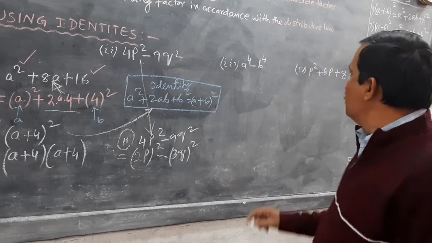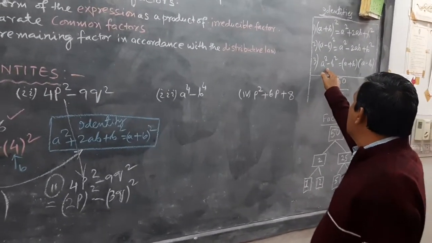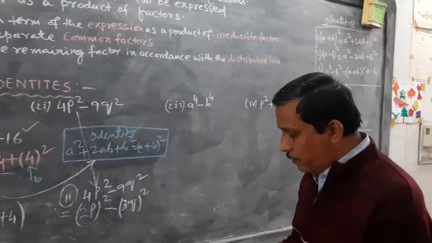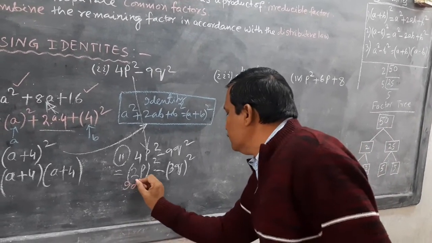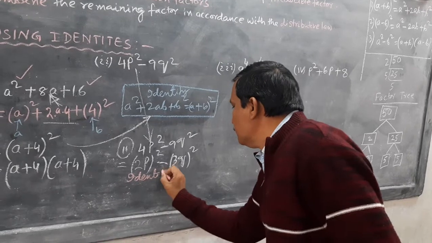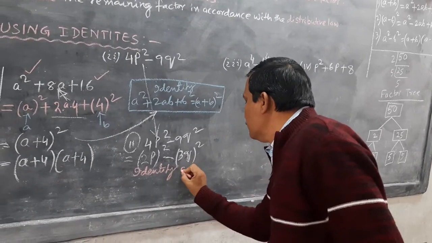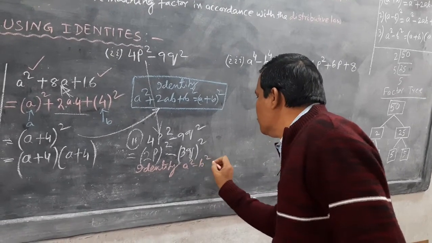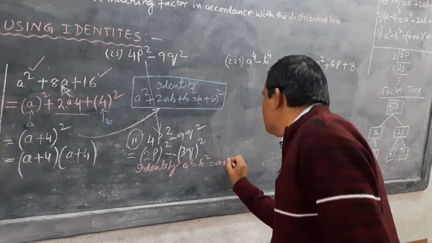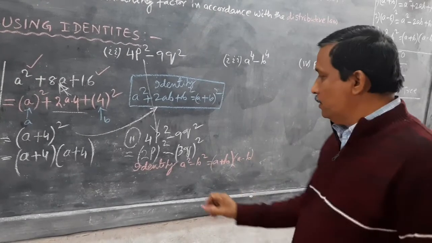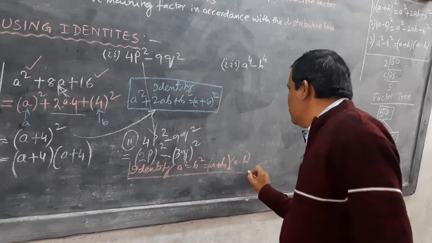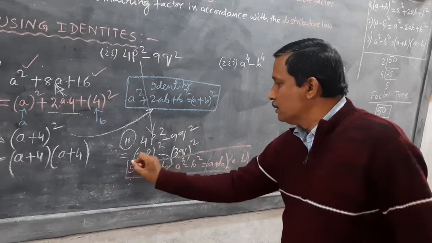Now you will use the third identity. So you write here the identity: a square minus b square is equal to (a plus b) whole into (a minus b). You make it a rectangular box.